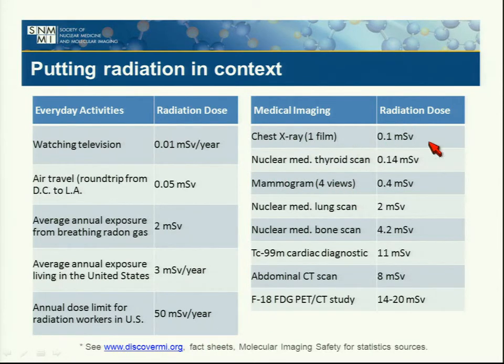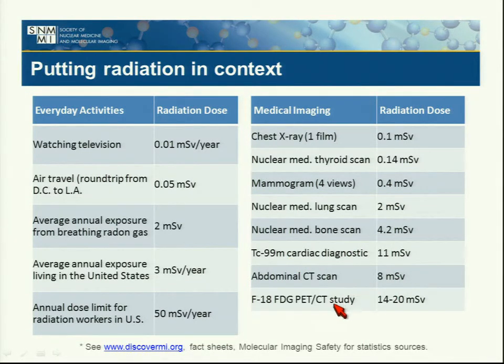Chest X-rays are very low, right? You don't need many X-rays to get through air, and most of your lung is air, so that's a very low dose. If you look at the rest of these things, they're on the order of several millisieverts. So a nuclear medicine lung scan is 2, a bone scan is 4, a mammogram is about 1/10 of that, and a CT is about twice that, for example.